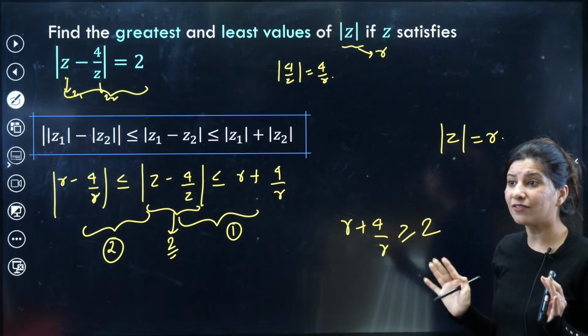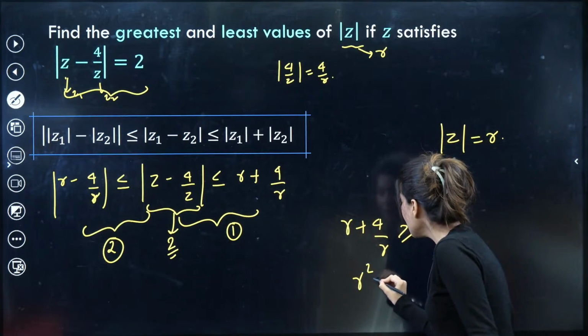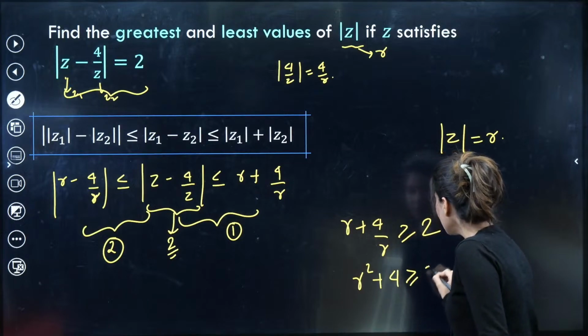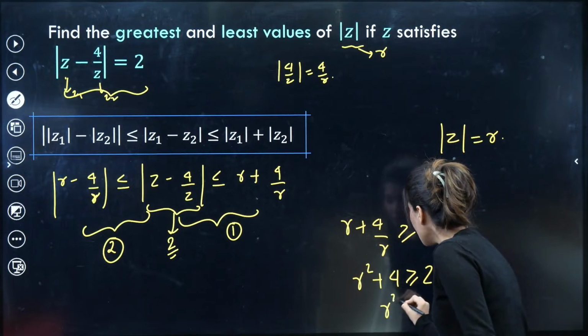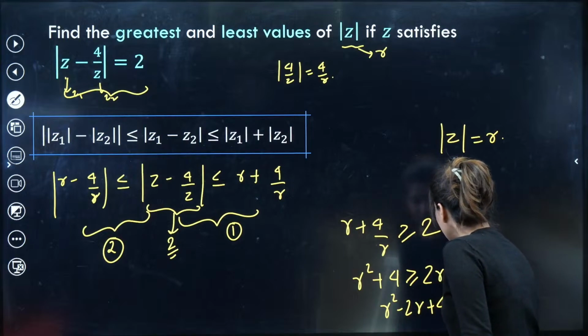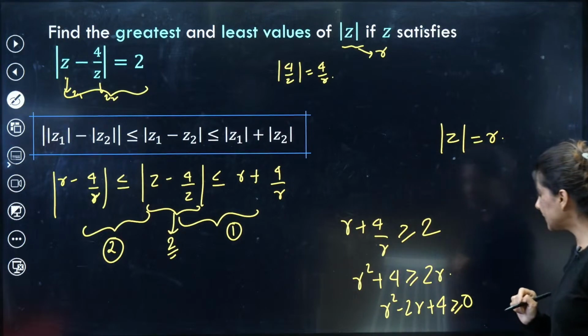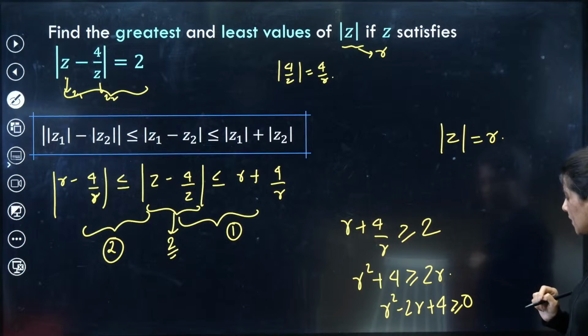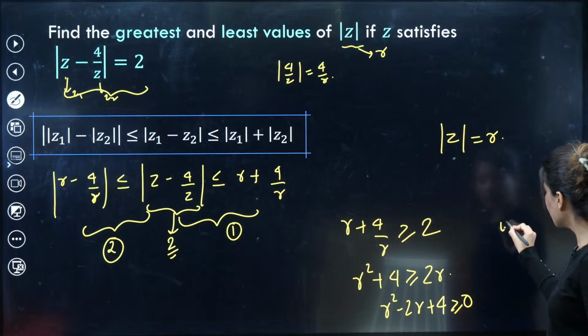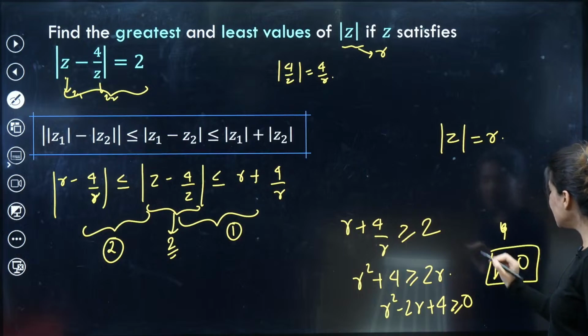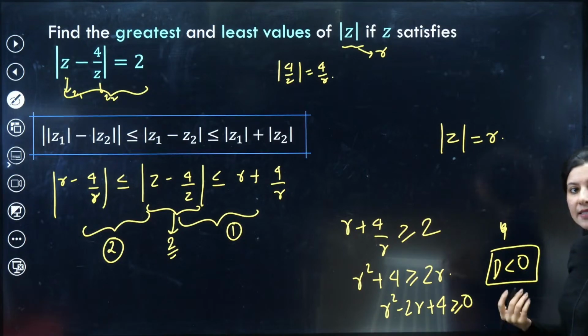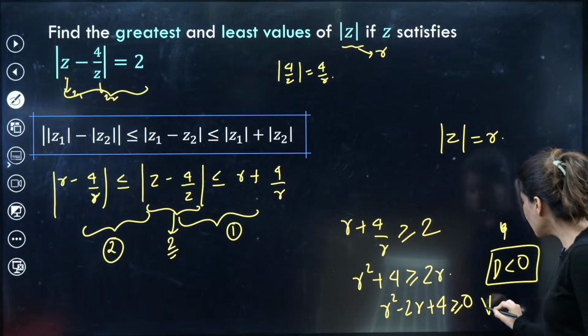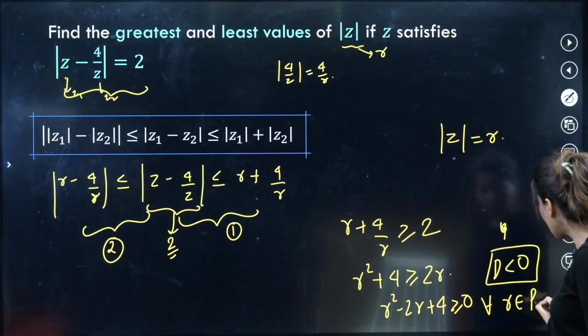So r square plus 4 is greater than or equal to 2r, so r square minus 2r plus 4 is greater than or equal to 0. The discriminant is coming out as negative, that means this is absolutely true for all values of r belonging to the real numbers.